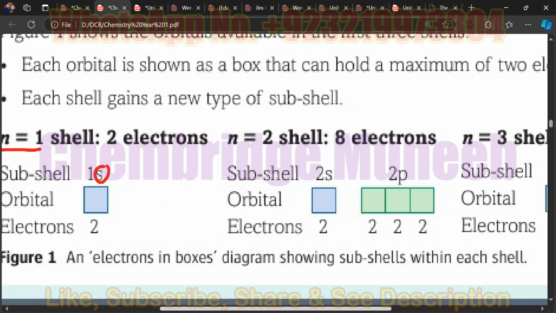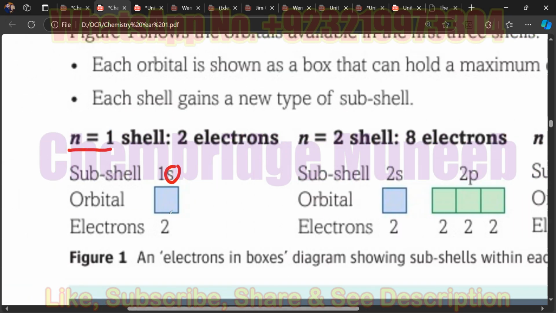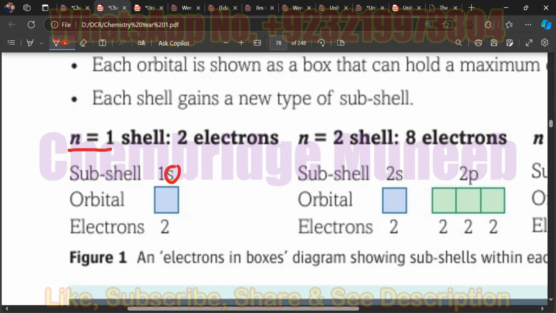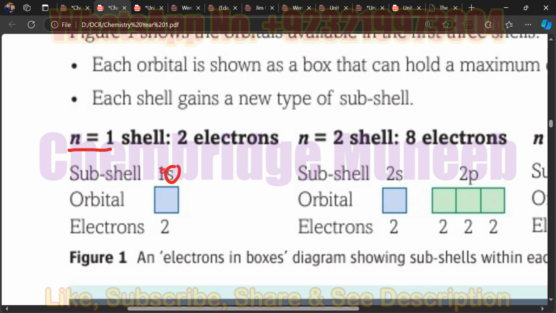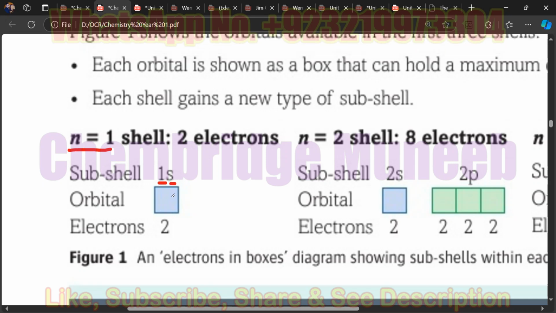Now here we can see the boxes to represent the orbitals. If there is just one box, it means there is just one orbital. So for 1s, which means the shell number is 1 and it has only the s subshell, it will be represented by one box which will contain 2 electrons.